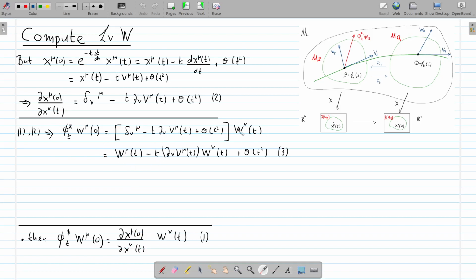So by doing the algebra, the first term is the component W mu at the point Q, and then minus t, the derivative of v mu with respect to x nu at the point t, times W nu of t, plus terms of order t squared and higher.